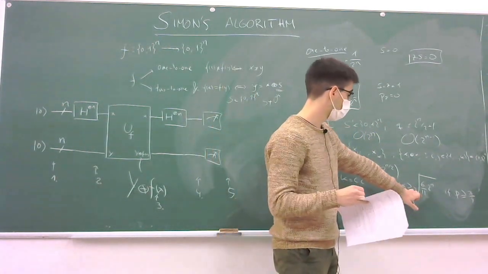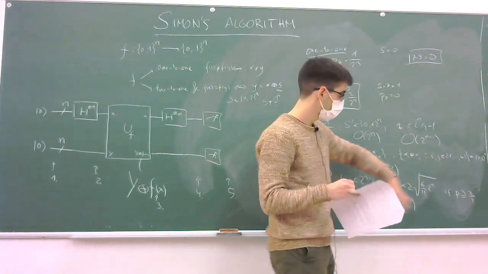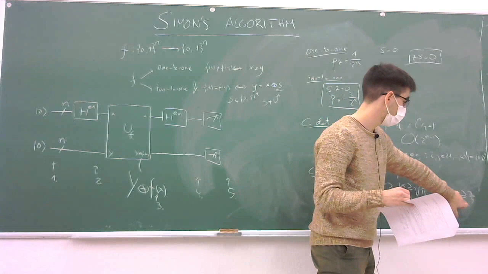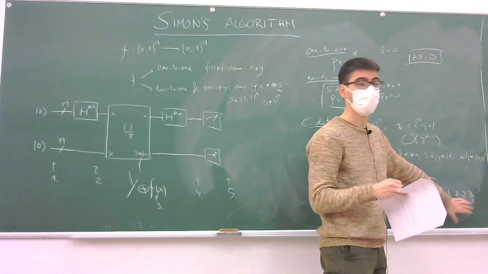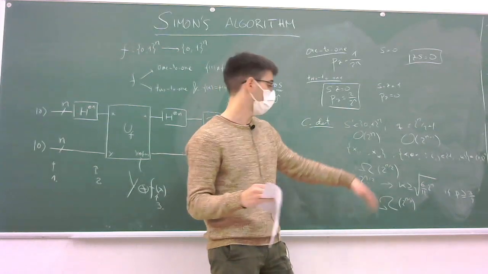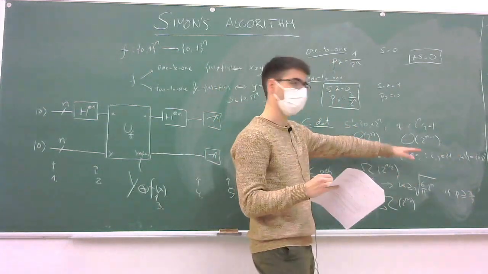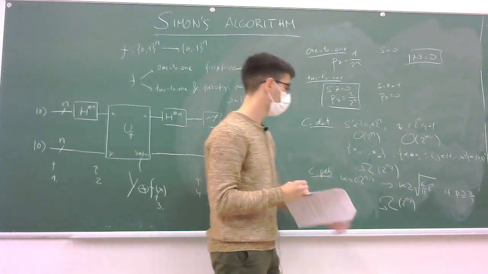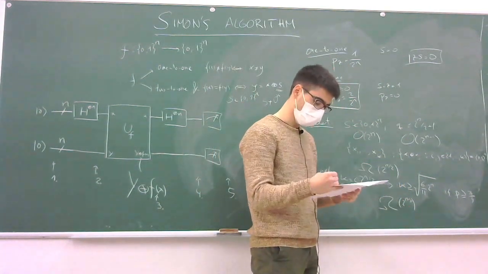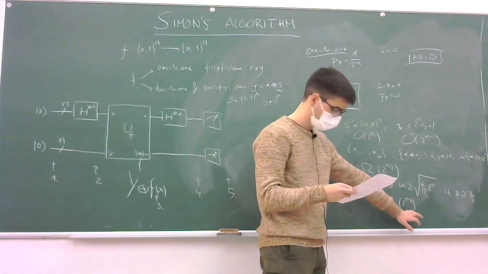So if k is larger than this factor, you have a probability of success of 3 over 4. Okay. And you could choose another probability, and you would obtain another bound for k. But the thing here is that also in the probabilistic scenario, the complexity is this one.